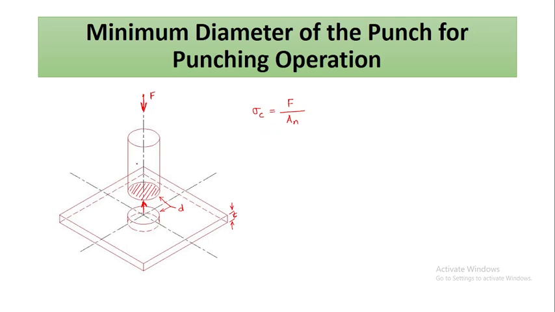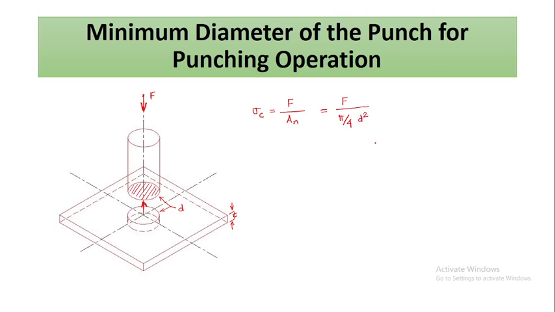So if the punch is a circular punch, this area will be pi by 4, and say the diameter is d, so the area will be pi by 4 d square.